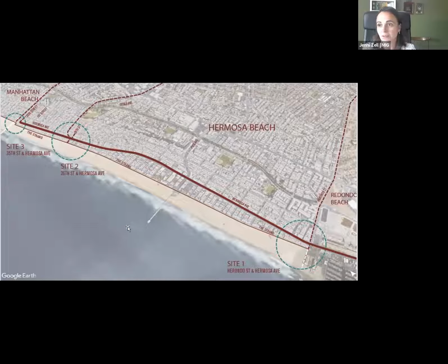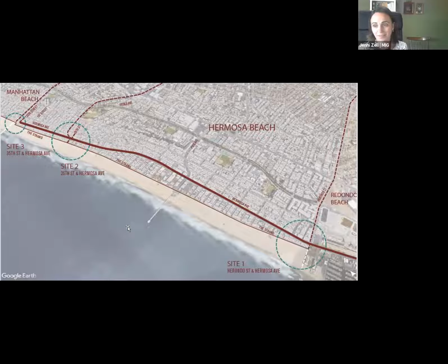And in the meantime, we've been in conversations with stakeholders, local agencies, and city representatives, and many of you on the call. And what we found first is that we've got some good news here at Hermosa Beach. We've got this beautiful existing wide sandy beach, which provides a lot of storm protection and great real estate for beach visits. And so today we're going to be presenting draft conceptual designs.